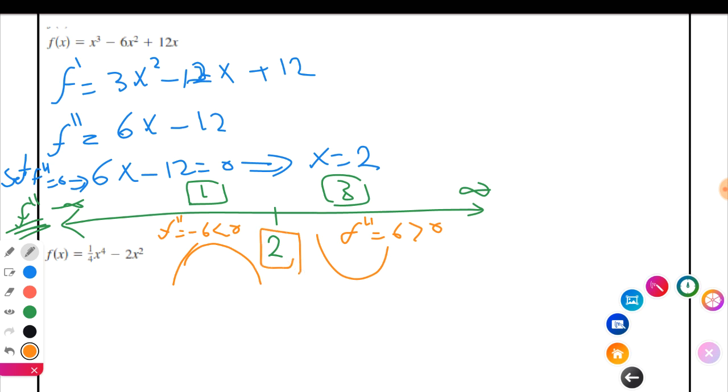At x equals 2, such that the second derivative equals 0, the concavity changes from downward to upward. So it will be an inflection point.